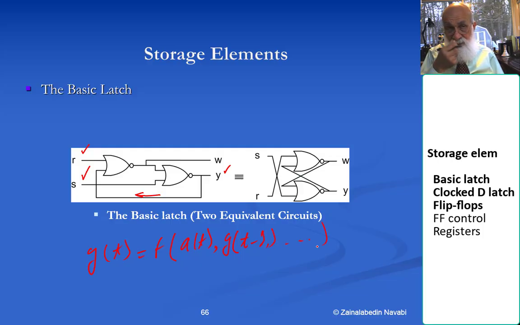So instead of saying all of this, we say that the output of a circuit is a function of its input as well as the present state of the circuit. Okay, and then we say that the state of the circuit at time t is another function of the present input and the previous state of the circuit, at t minus 1.